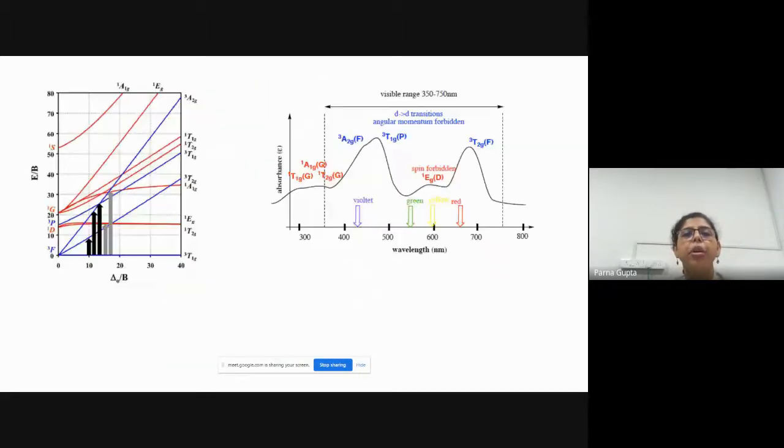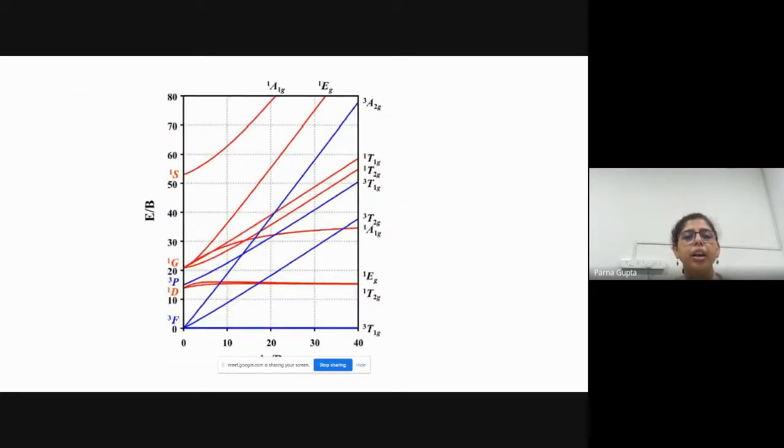And if you remember, this one is the real Tanabe-Sugano. So what is the difference? Only a little bit of energy difference is there, which is taken care of by the A, B, C parameters. The Tanabe-Sugano diagram is reflected like this.